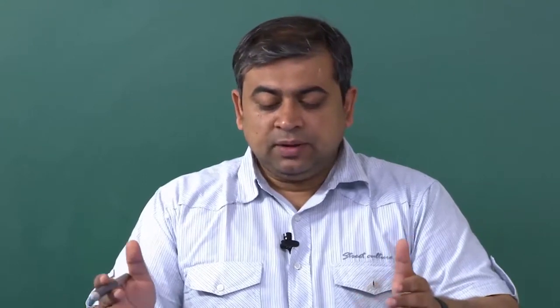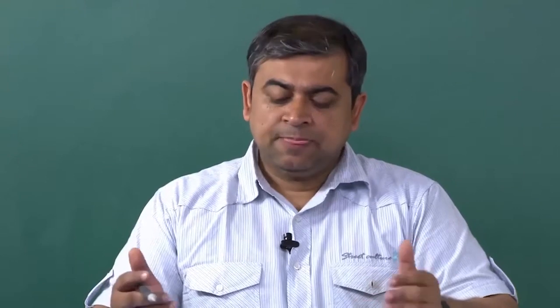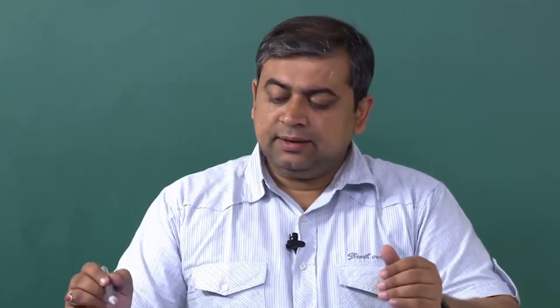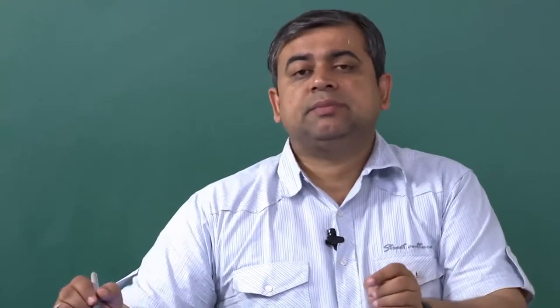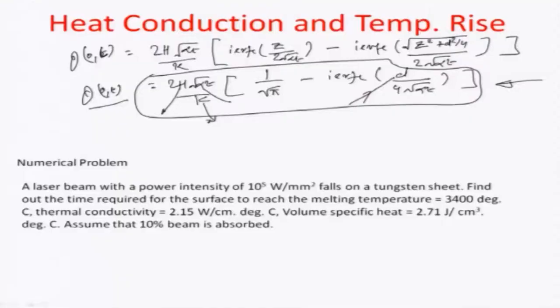Then the surface temperature as a function of time can be equated to the melting temperature of the workpiece material, and you can have a good estimate of the time of machining from the values obtained in this formulation. Let us call it equation 1.